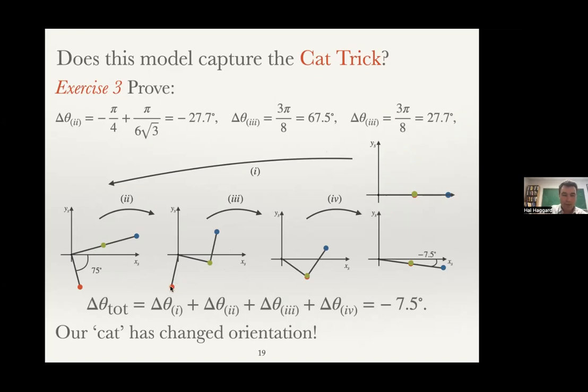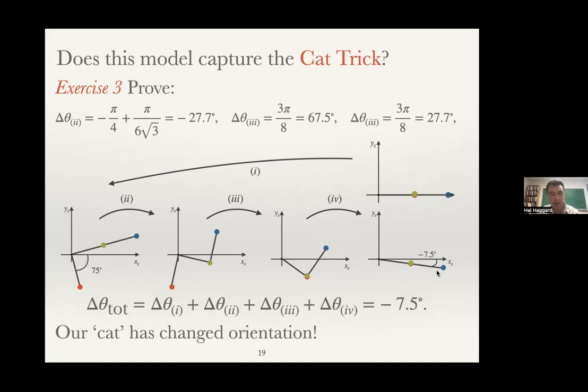Then we bring the red mass back to the green mass, and the orientation changes, this time positively. And then we bring the blue mass back to the alignment, and the orientation changes by 27 degrees. But lo and behold, the miracle, the cat is not back where it was orientationally. So even though its shape has returned to an aligned shape, its orientation is shifted.